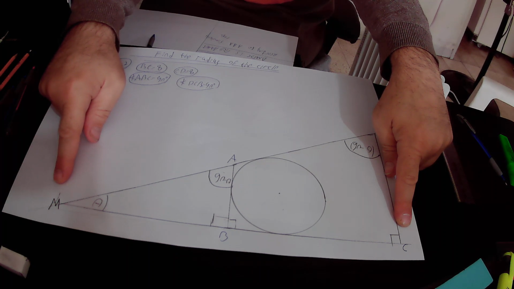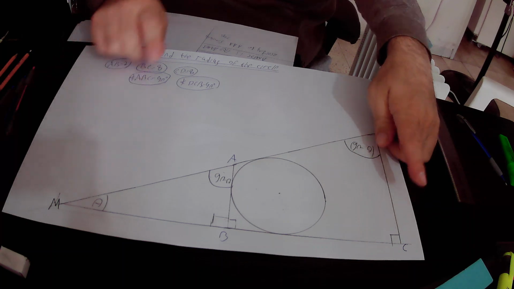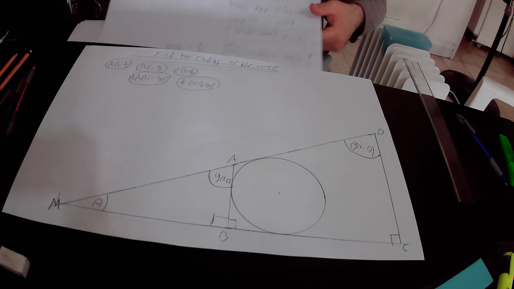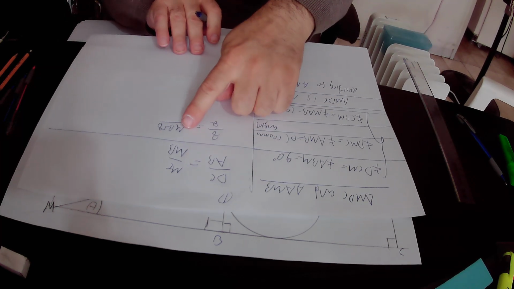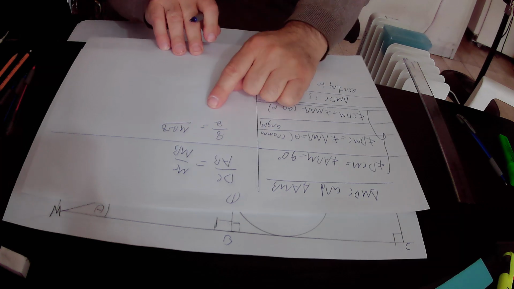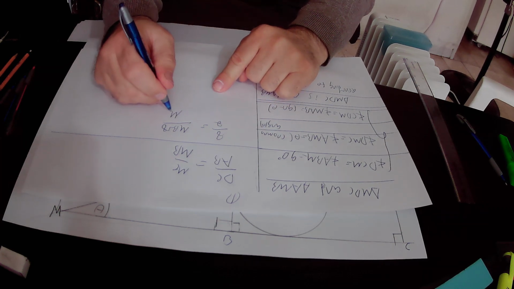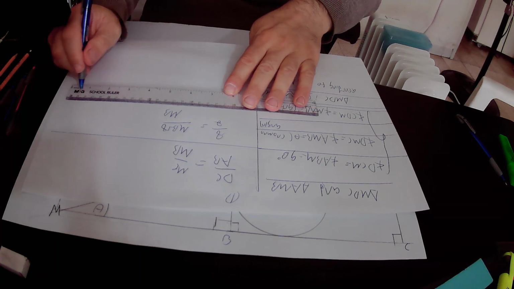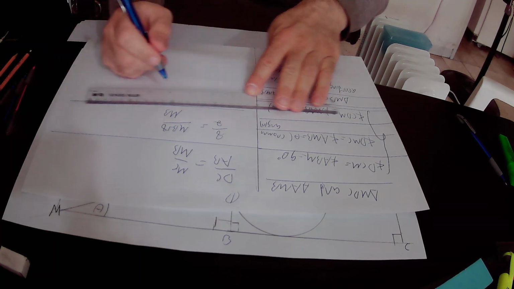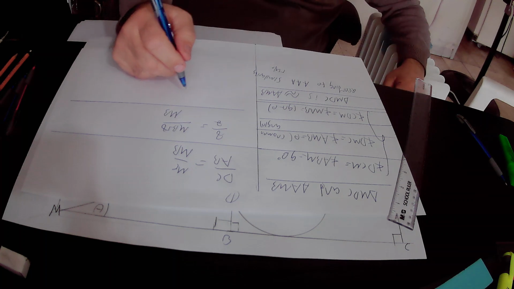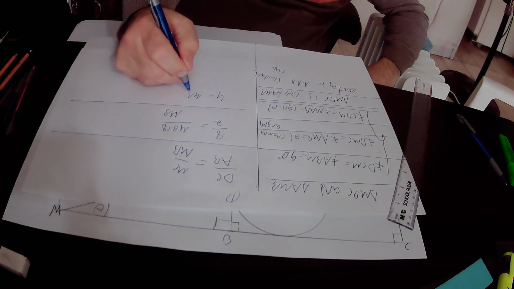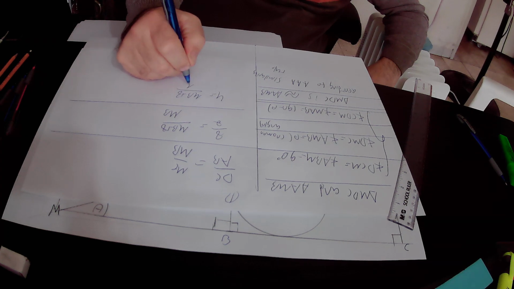So in total MC equals MB plus 8. So we substitute MC by MB plus 8. In conclusion, we found out that 8 over 2 equals MB plus 8 over MB. 8 over 2 is 4, so 4 equals MB plus 8 over MB.